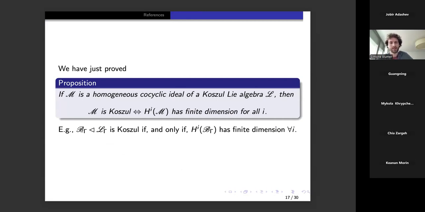And one can, for instance, apply this result to the Bestvina-Brady algebra and see that the Bestvina-Brady algebra is Koszul precisely when it has finite dimensional cohomology groups. And this is because of Roberts' theorem, which says that L gamma is Koszul for all gamma.